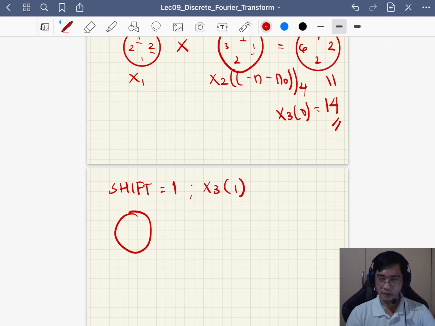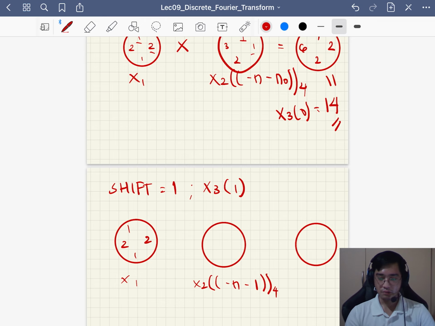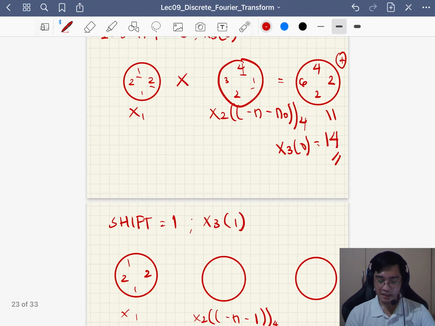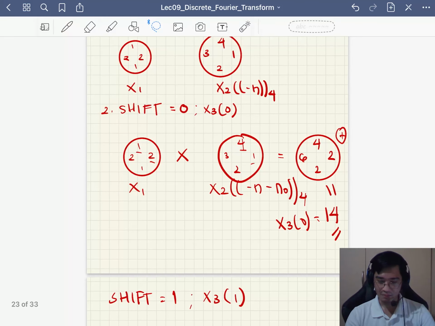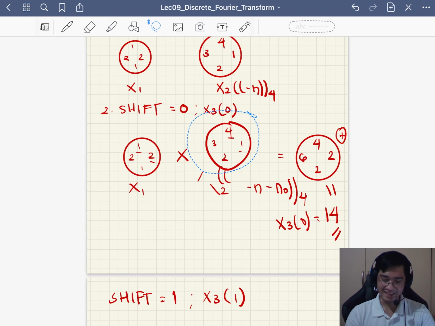We still have 2, 1, 2, 1 here, x1. But now x2 is negative n minus 1 modulo 4. How do we do that? The shifting here is in the counterclockwise direction. So basically, you rotate this one.